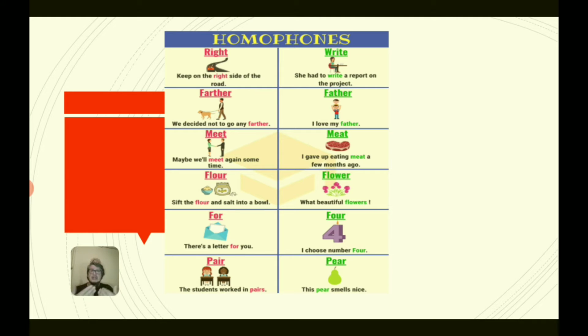We'll see each other again sometime. And what you can eat is meat. I gave up eating meat a few months ago, right? So meet and meat have exactly the same pronunciation, the same sound, but they are written differently.